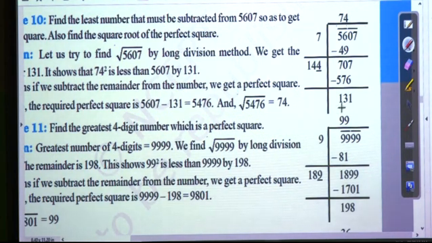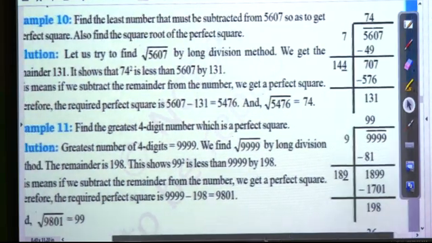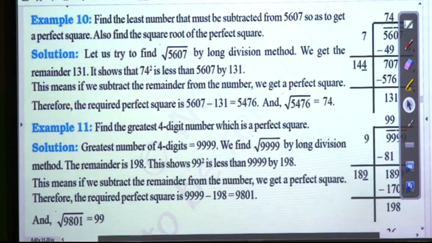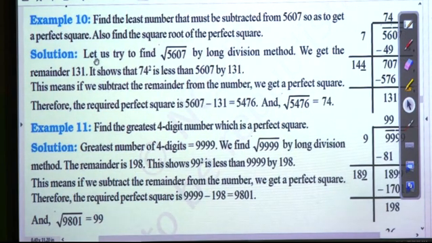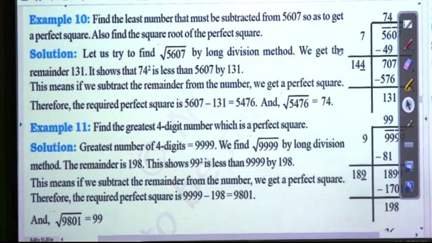Okay. 131 is the remainder. So, what it shows? Let us try to find square root of 5607 by long division method. We get the remainder 131.